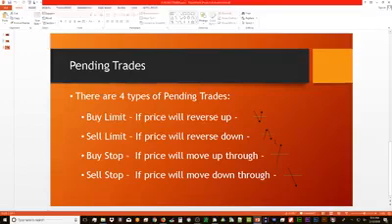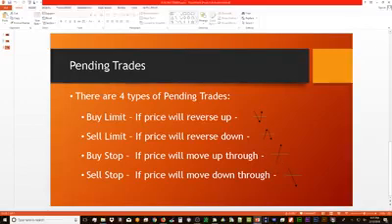The next one is your buy stop. This is the one that I typically use the most. Your buy stop is if you think price will move through a particular level of pricing. Let's pretend we're trading some type of US dollar currency pair, and we know the current price is $1.